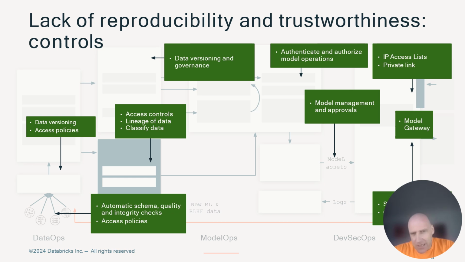Have a think, guys. If you're part of an organization that currently is building or serving AI models, have a think. Have you addressed some of these risks? Have you addressed some of these controls in your model development?